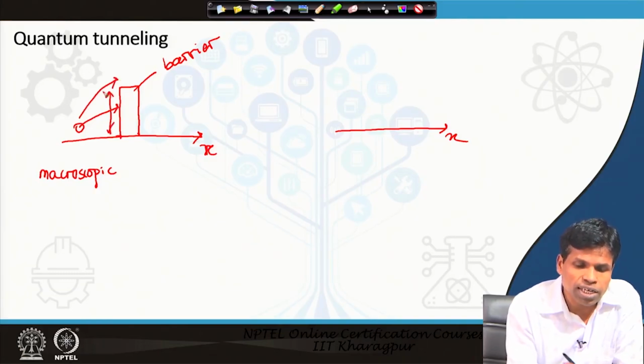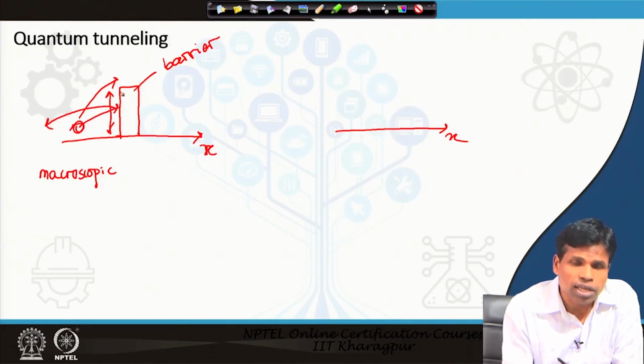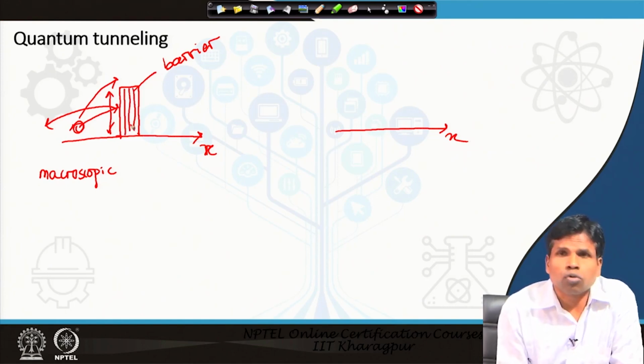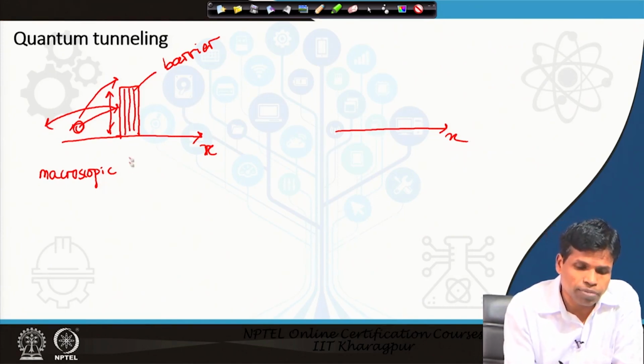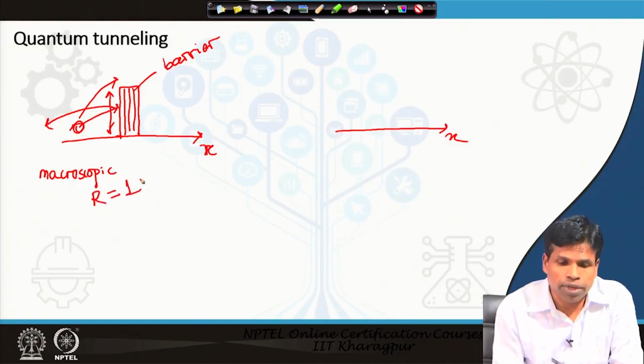Otherwise, if the energy of the particle is less than this barrier energy or wall energy, then it will be reflected back, and in the macroscopic world the reflection is nothing but 1 if the energy is less than the barrier.